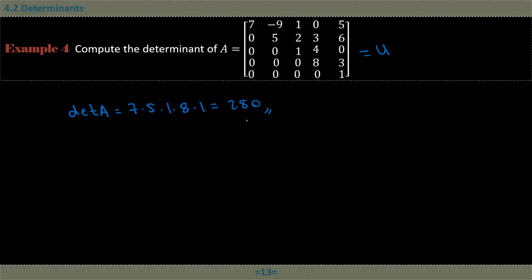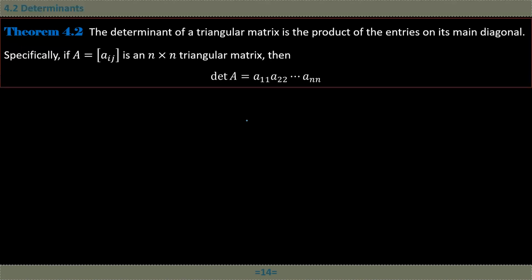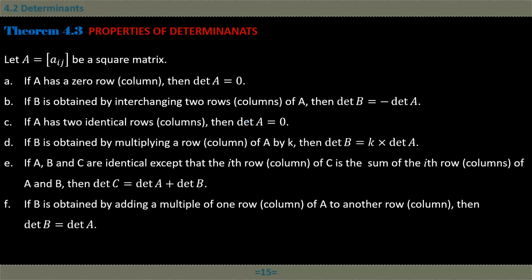So we can give this as a theorem: the determinant of a triangular matrix is the product of the entries on the main diagonal. Specifically, if A is this matrix, then the determinant is equal to a11 times a22 up to ann. These are all just the product of the components in the main diagonal.